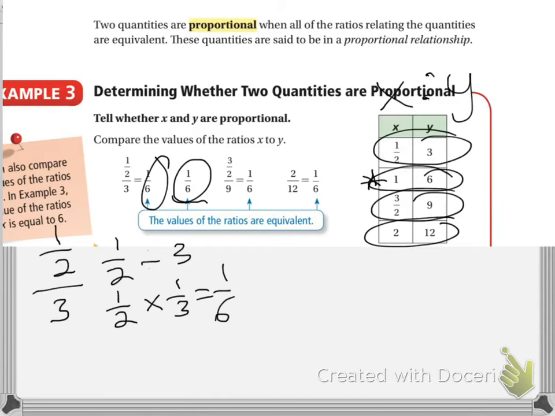Our next one that we're going to look at, the third row, is 3 halves to 9.